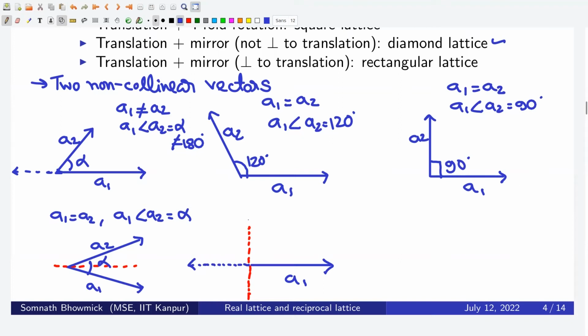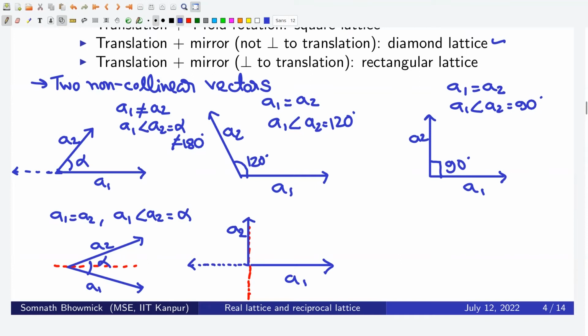I leave it as an exercise for you to prove that the only direction in which we can put the other vector is along the mirror. If we try to put it in any other direction, that will give me a third vector, and then there is some redundancy and things are not well defined, so we cannot do that.